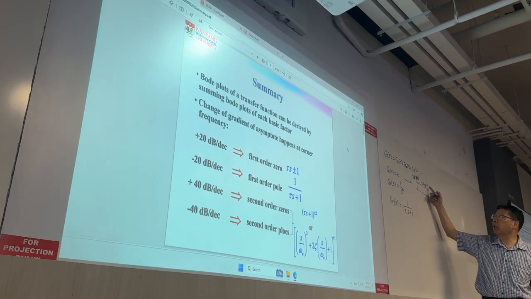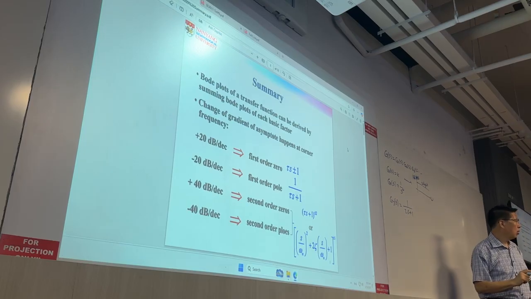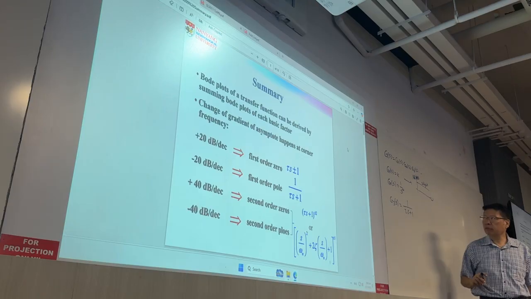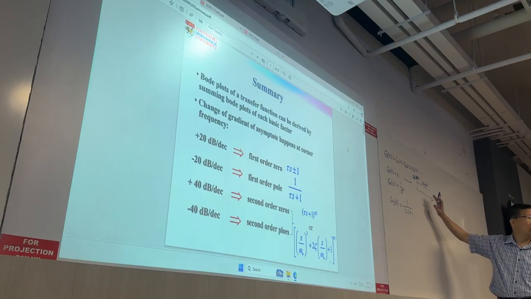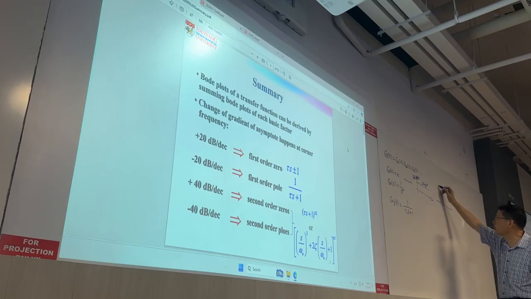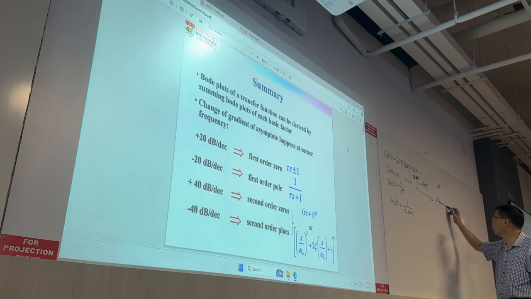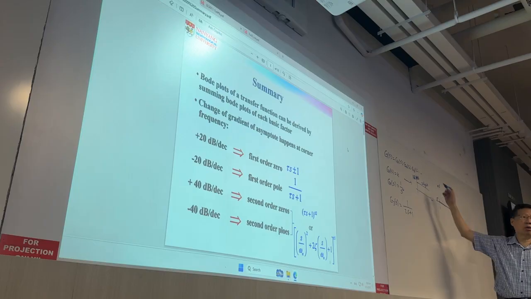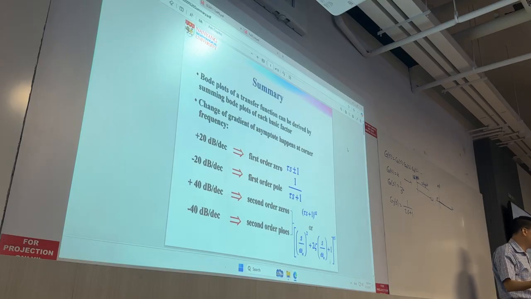When K is 10, log base 10 of 10 is 1, so 20 log of 10 is 20 decibel, and so forth. And for the phase, this is 0 degrees for all frequencies, because the constant contributes no phase.